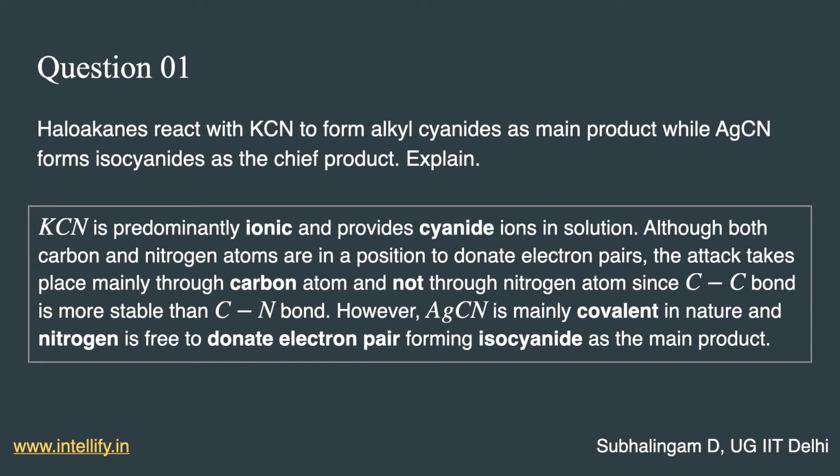However, in case of AgCN, AgCN is mainly covalent in nature, and nitrogen is free to donate electron pair, forming isocyanide as the main product. So now I think you would be clear why KCN formed cyanide while AgCN formed isocyanide. And a similar explanation can be given for the other case also, that is where we had KNO2 and AgNO2.